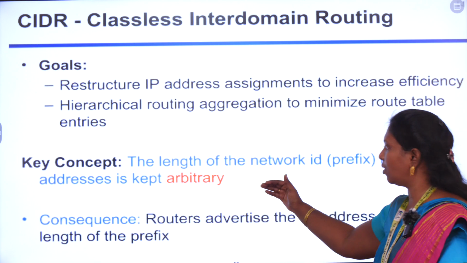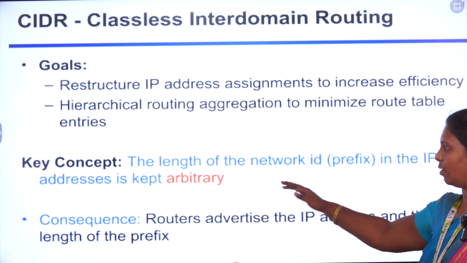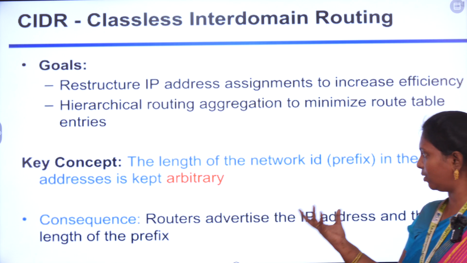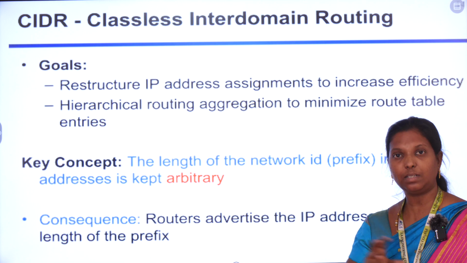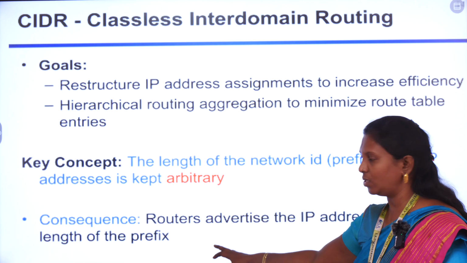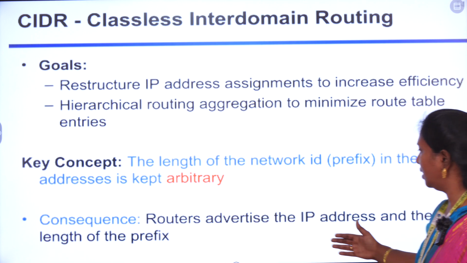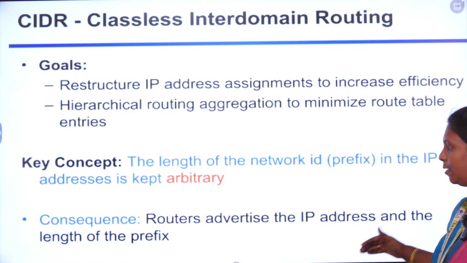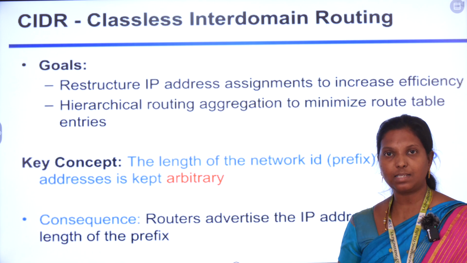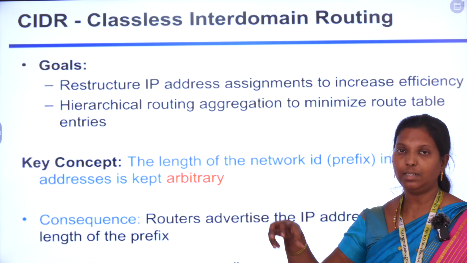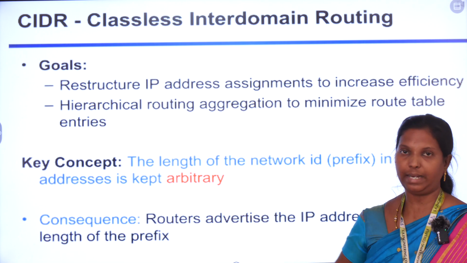The key concept is that the length of the network is arbitrary and is always addressed properly. If you are using CIDR, routers can advertise the IP addresses, so the major concern of IP address monitoring is taken care of by CIDR.